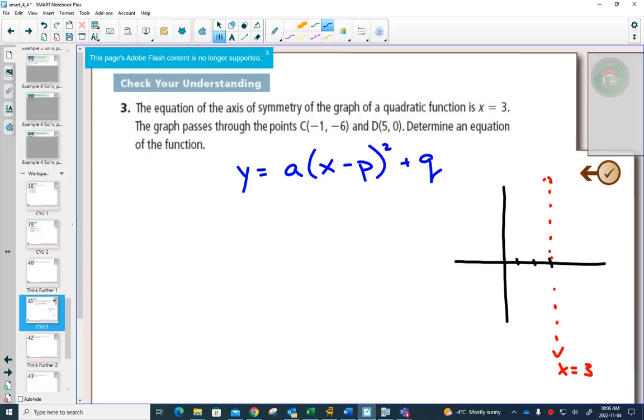We know that this graph goes through (5, 0), and it also goes through (-1, -6).